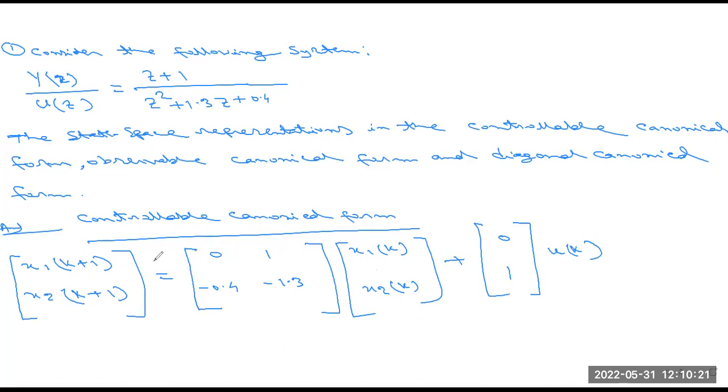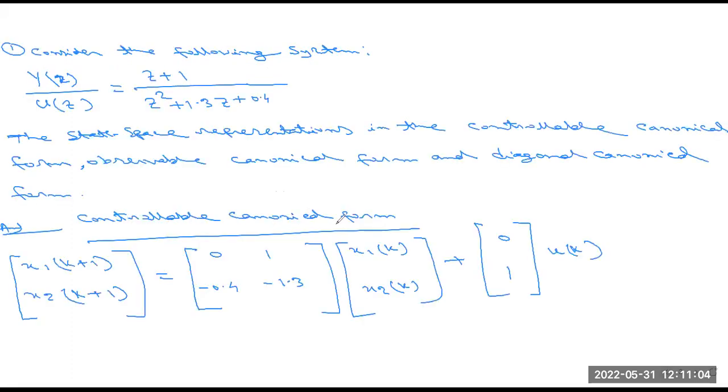So this is the input function given in the question for the controllable canonical form. Next, what is the output of this controllable canonical form?